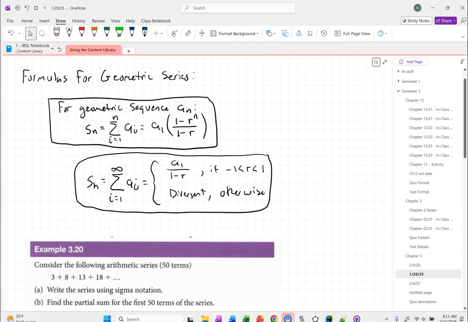The idea is that if that r value is between -1 and +1, so for example, like a half, what happens when I multiply a number by a half? Does it get bigger or smaller? Smaller, right? And suppose I multiply a number by a half infinitely many times. How small is it eventually going to get? Basically, it becomes 0, right?